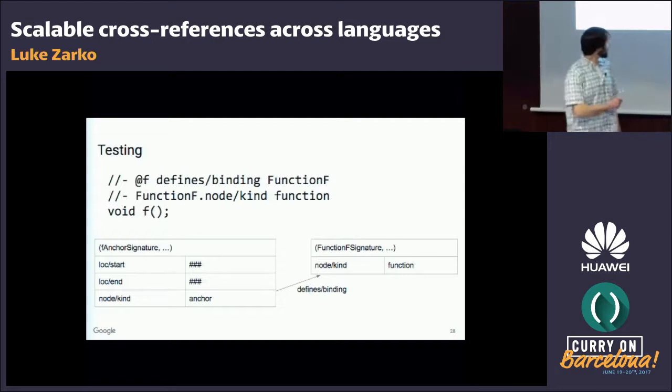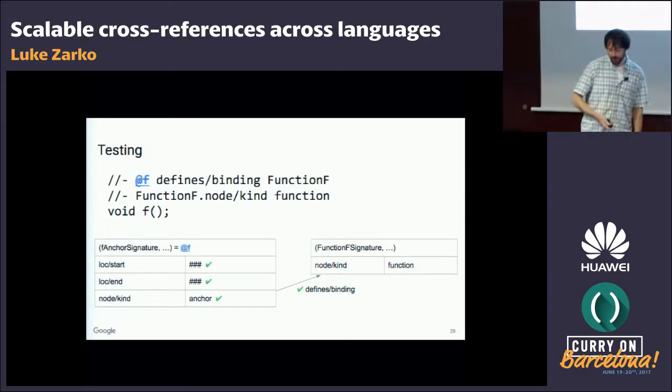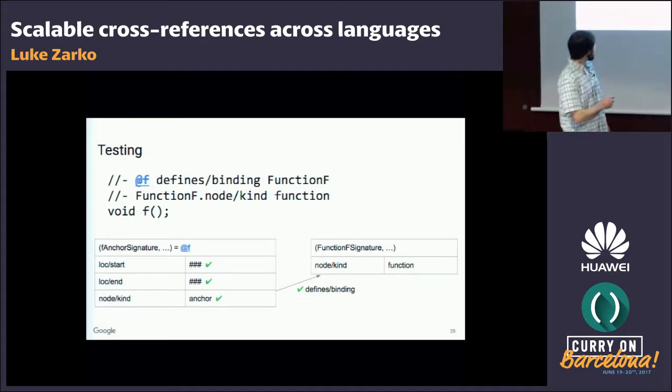So here's the graph that I showed you earlier, and we'll walk through what the solver actually has to do. So the first thing that it's going to do is try to find an assignment for this variable. And it gets lucky, and it says, well, yeah, we'll say this is what we'll assign to @f, which, remember, is the syntactic representation of the function's binding site. And it has the right start and end locations, and it has the right kind. And it also has the right edge here.